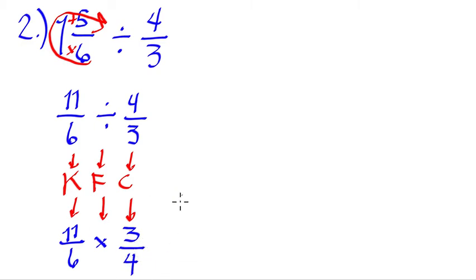Let's follow the rules in multiplication. We will multiply numerator to numerator, 11 times 3. Let's put this as 33. And then 6 times 4, I think you know that, this is 24. Do we have any common number which is divisible by both of them?